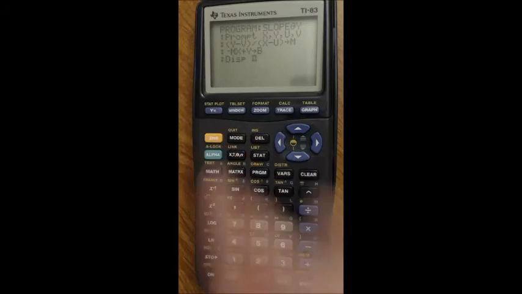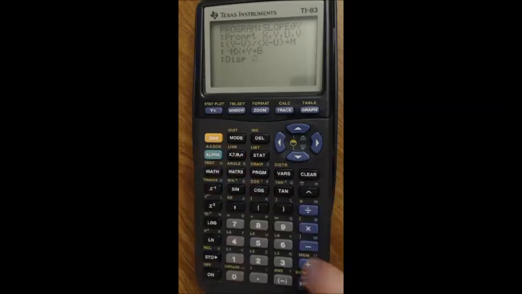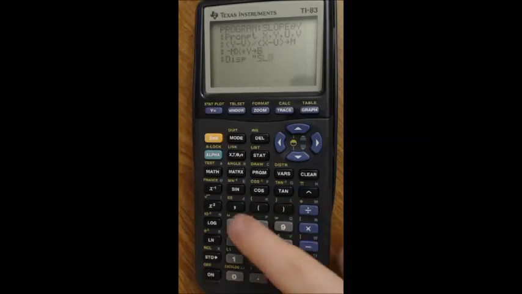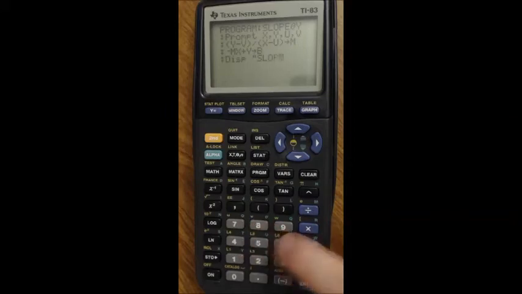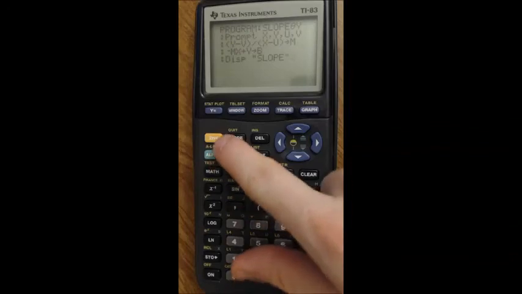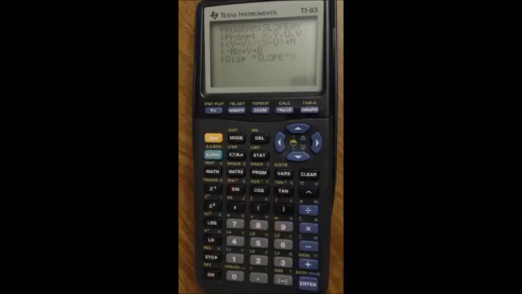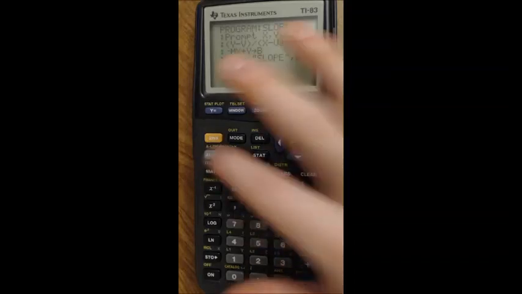So second alpha lock, quotations, and then type in slope, S-L-O-P, and then we're looking for E, close quotations, and go ahead, take that alpha off, put the comma in, and we want to display m, so alpha m.